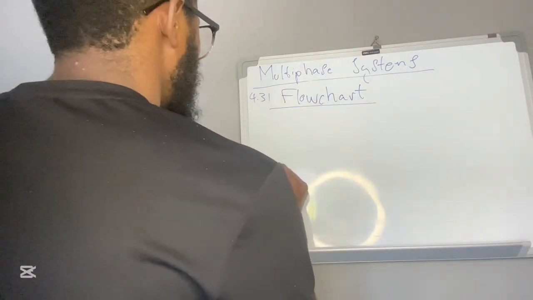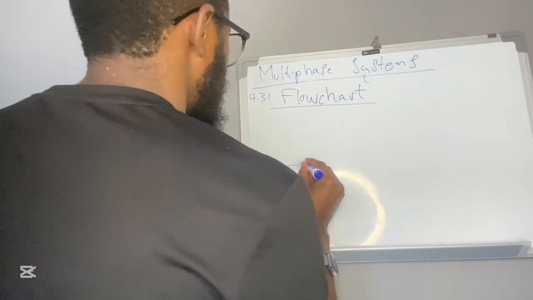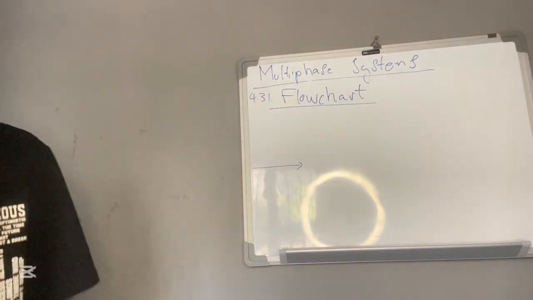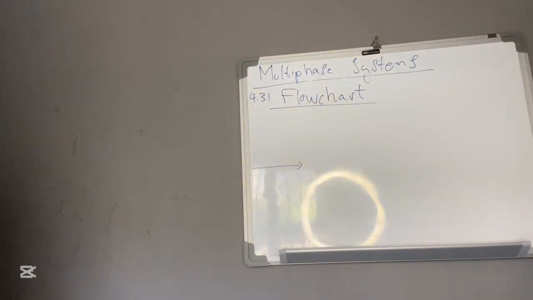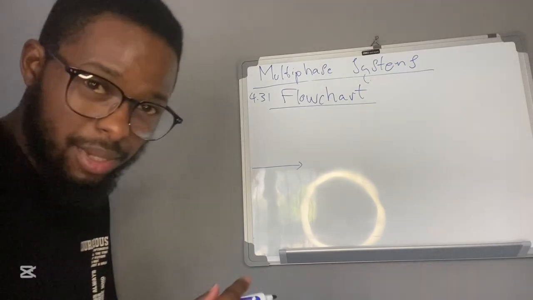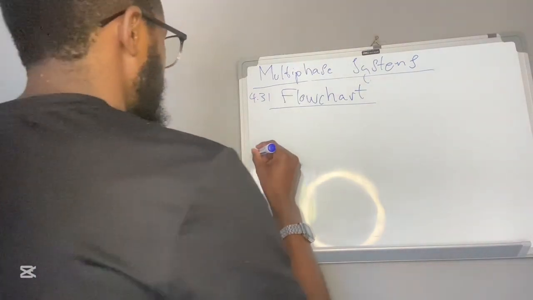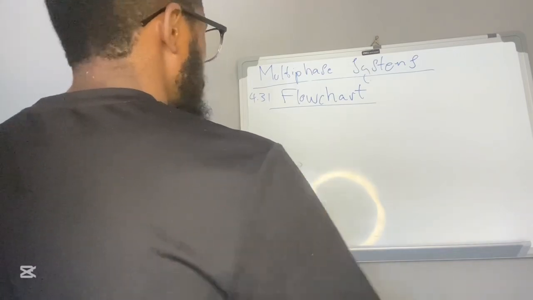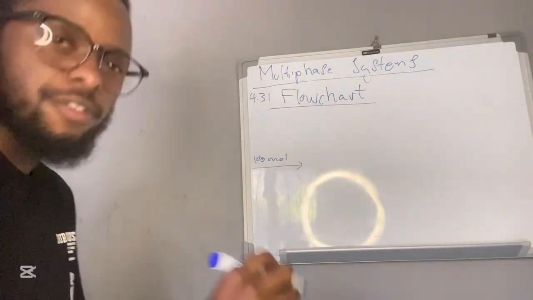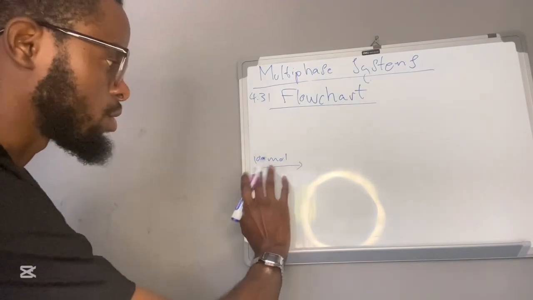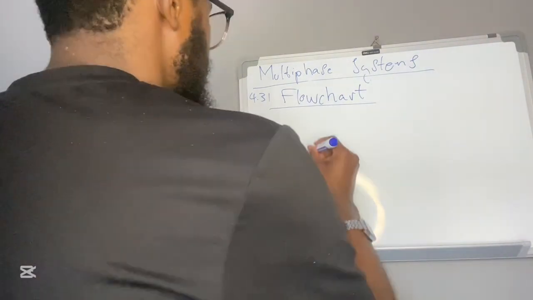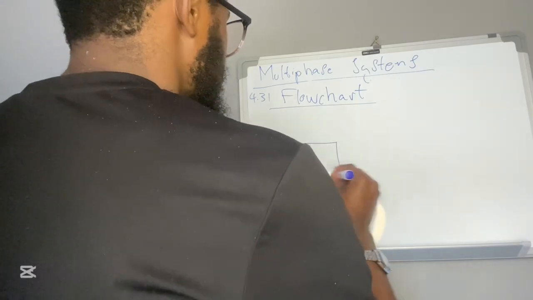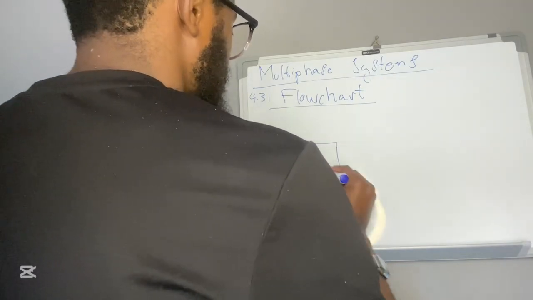So we have a feed here, and we were told that the feed will take a basis of 100 mole, right? And before you do anything, before you write your component balances and all that, just make sure you firstly identify your flow chart first.